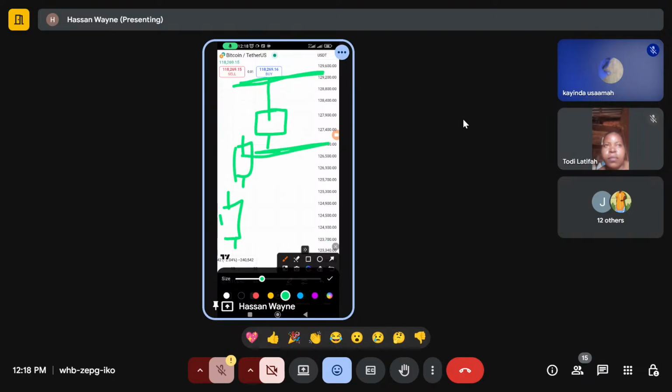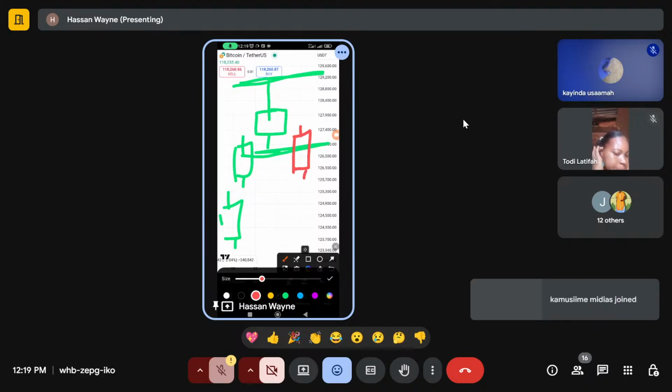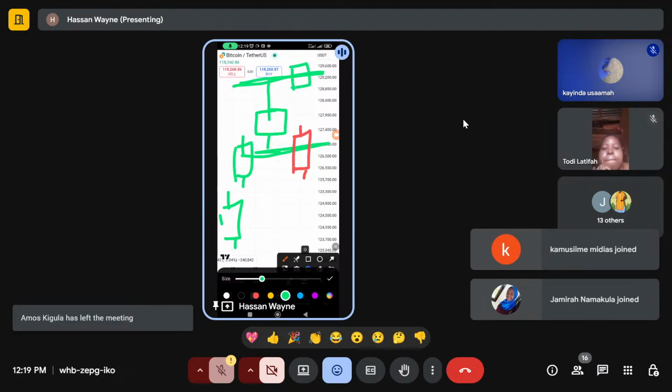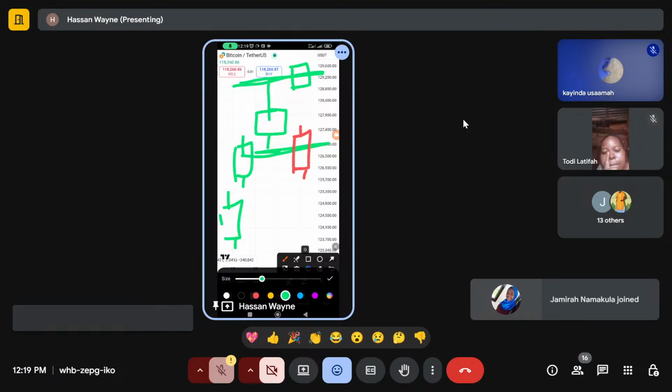Remember, when you see a bullish shooting star, it means sellers have stepped in, but with less energy. So if I form a red candle here and it breaks my support, it means the market is going to do a reversal. But if I get a bullish candle and it breaks my resistance, it means we are still in a continuation. This was a fake out.